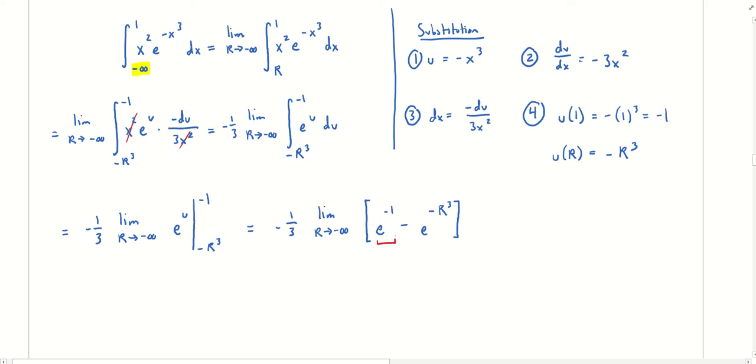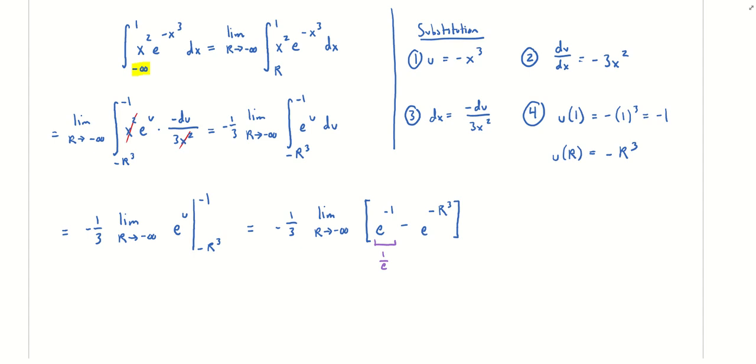So e to the negative 1, that doesn't have an r in it, but I'm going to rewrite that as 1 over e, just to see what it looks like without that negative exponent. I think it's a little bit easier when you don't have negative exponents. Then I have minus e to the negative r cubed.